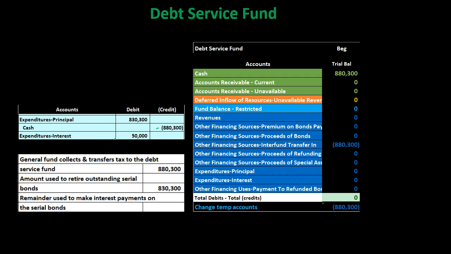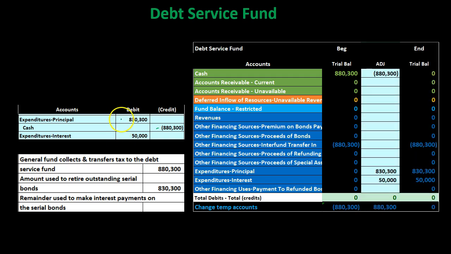Then the other side, the expenditure for interest, also looks similar to the government-wide activities, because on the government-wide activities, we recorded the expense on an accrual basis as an expense. Here, we're going to be recording it in the activity section as well as an expenditure. If we record this out, then we're going to say that the expenditures for the principal is going up.